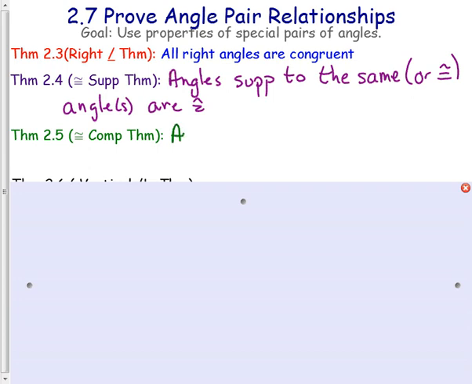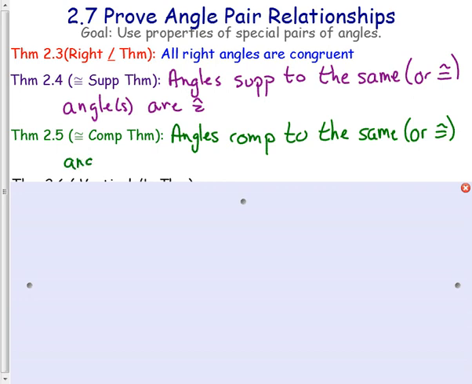So angles complementary to the same or congruent angle or angles are congruent.